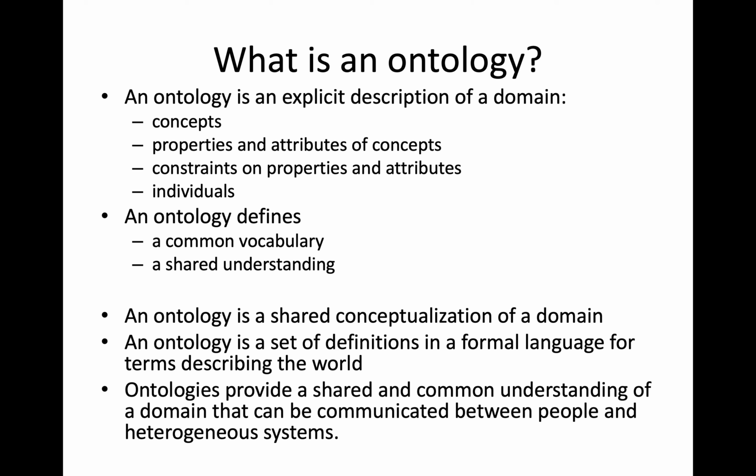An ontology has two parts: a common vocabulary and a shared understanding. An ontology is a shared conceptualization of a domain, and a set of definitions in a formal language for terms describing the world. An ontology provides a shared and common understanding of a domain that can be communicated between people and heterogeneous systems.